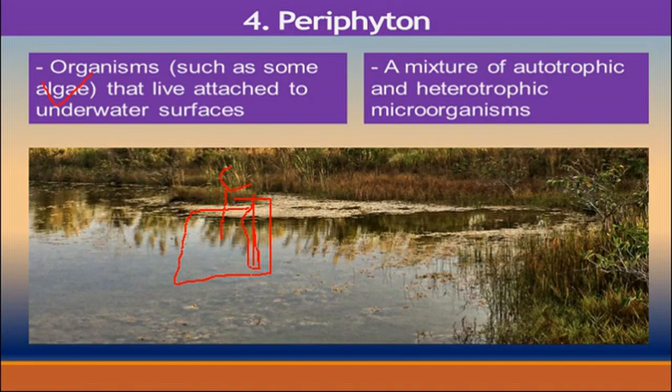This periphyton may be of plant origin or you can say animal origin. It means it may be algae or some animals. So it is a mixture of autotrophic and heterotrophic microorganisms.